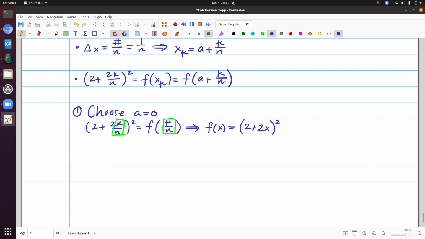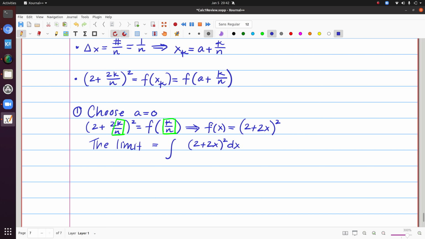So that means that the limit that we're starting with here, that we were trying to evaluate, equals the integral of this function.